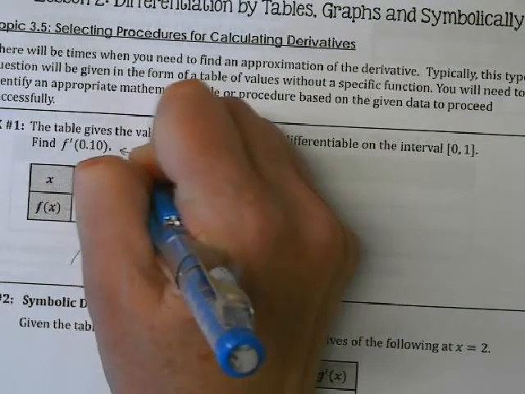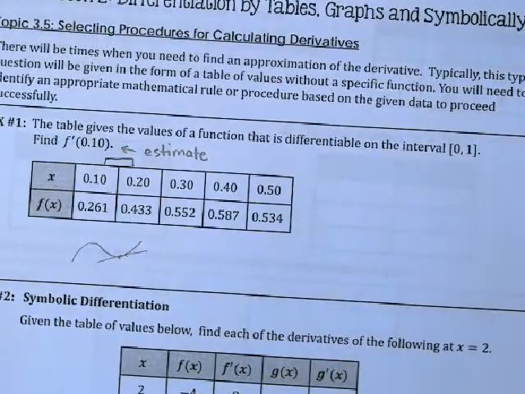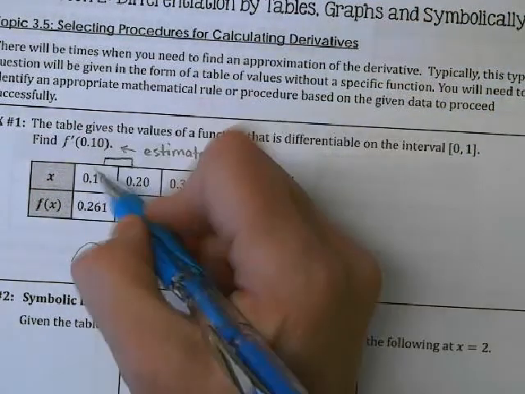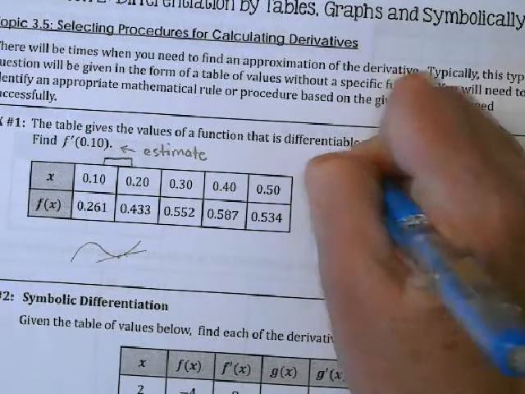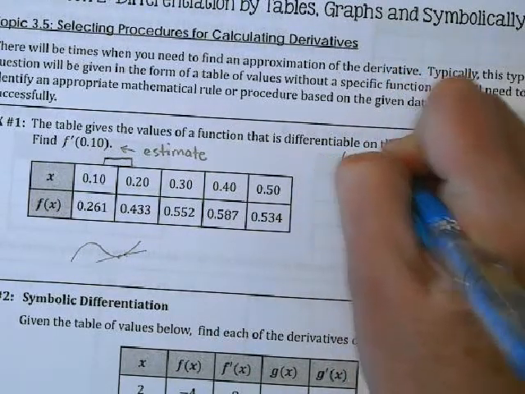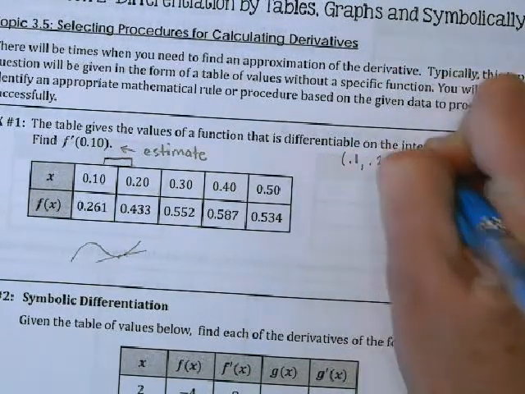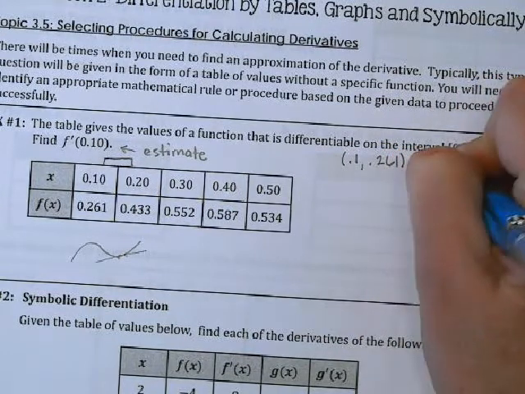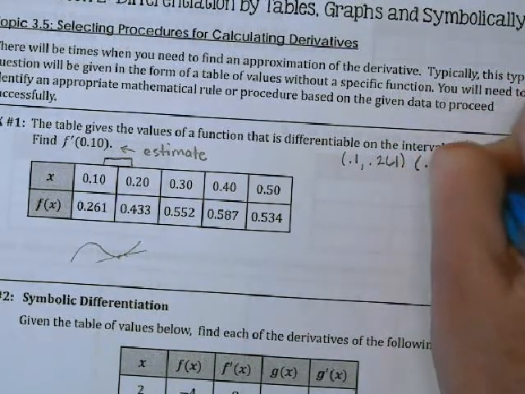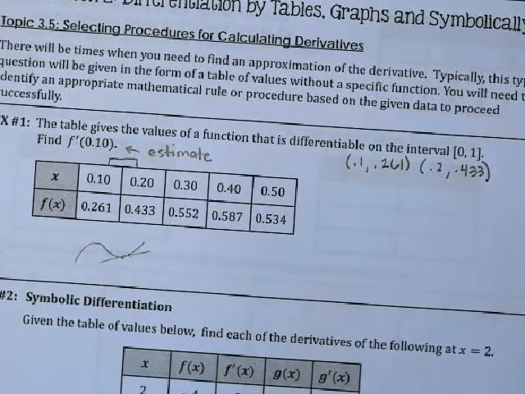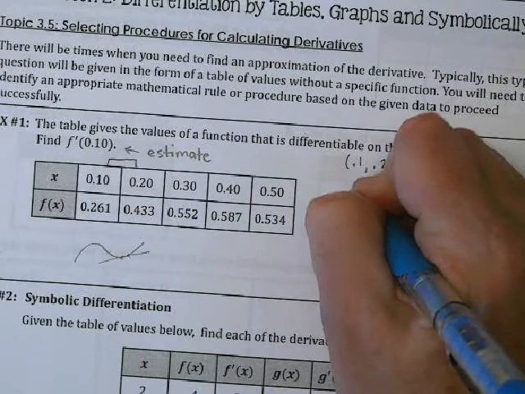So I'm going to look at these 2 points that are pretty close to each other. Here's x, here's y. I have this point, 0.1, 0.261, and I have 0.2 and 0.433. Okay, all I'm going to do is find the slope of those 2 points, but I want you to see the notation.